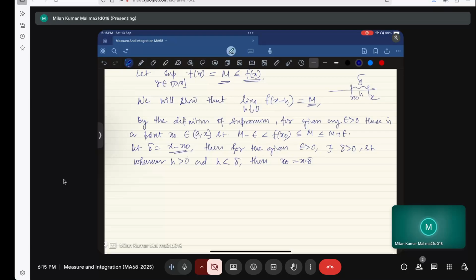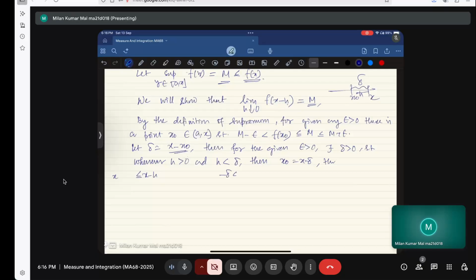If we consider h here in between, if h is the distance from this to this, then x minus h will be greater than or equal to x naught, I guess, minus h minus delta.